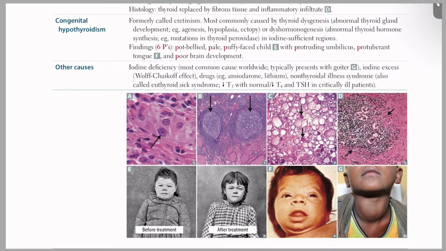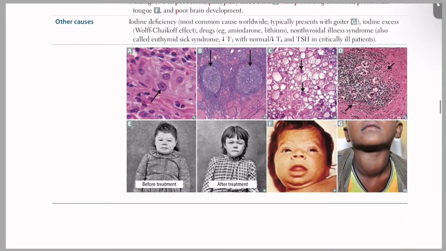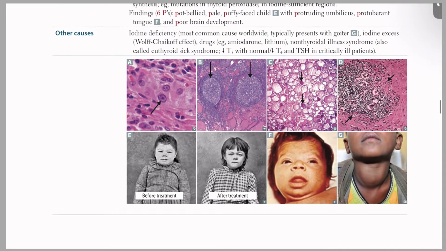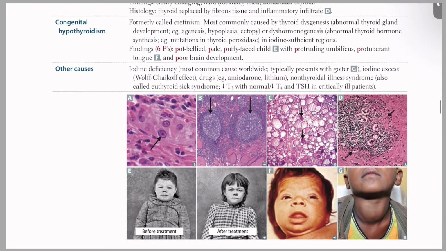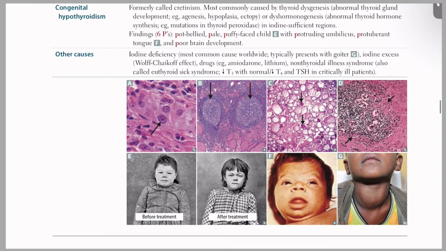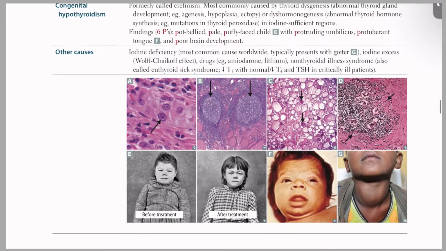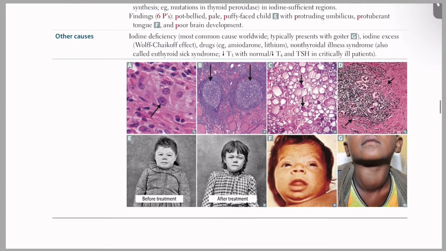Findings: pot bellied, pale, puffy faced child with protruding umbilicus, protuberant tongue, poor brain development. This is before treatment, after treatment.